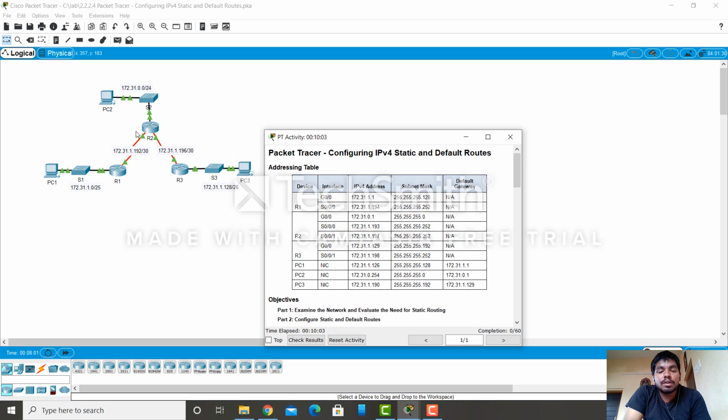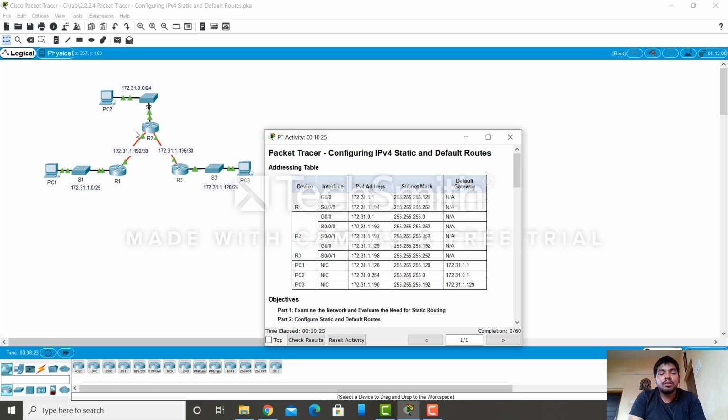And another interface of R2 is S0/0/0, IP address 172.31.1.193, subnet mask 255.255.255.252, default gateway N/A.